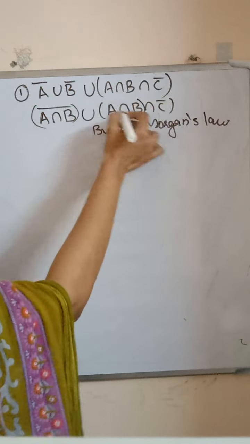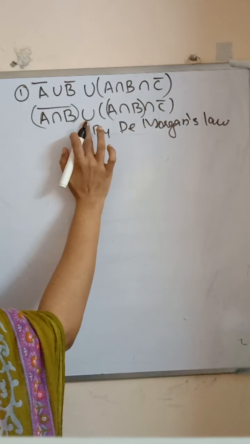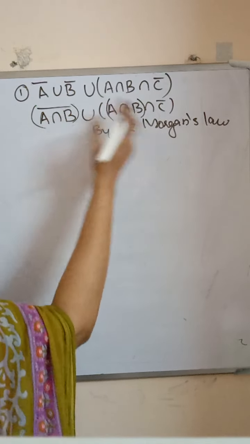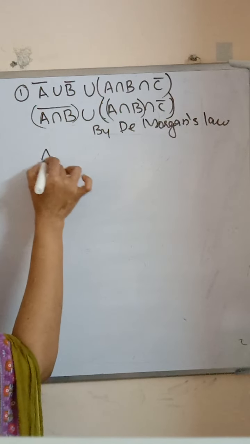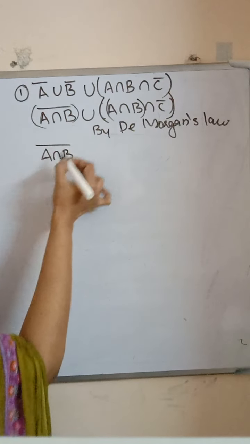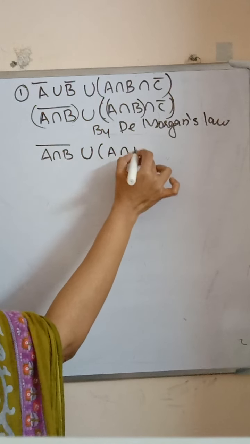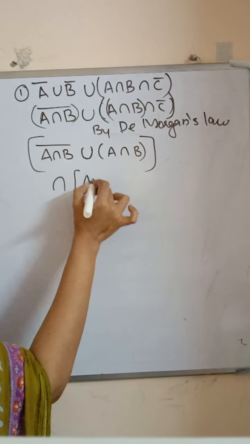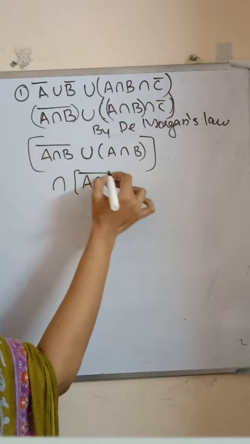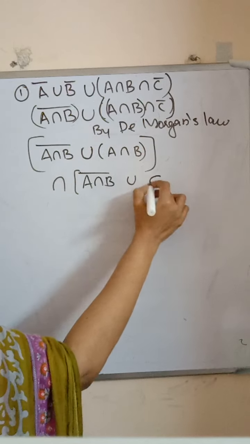Now we distribute the union operation over this intersection operation. We distribute this union to this bracket. We get A intersection B complement union A intersection B, intersection A intersection B complement union C complement.